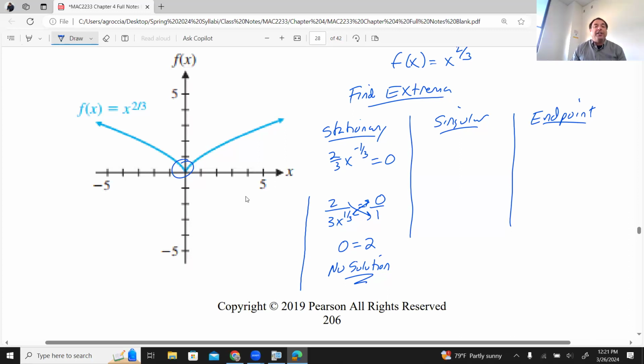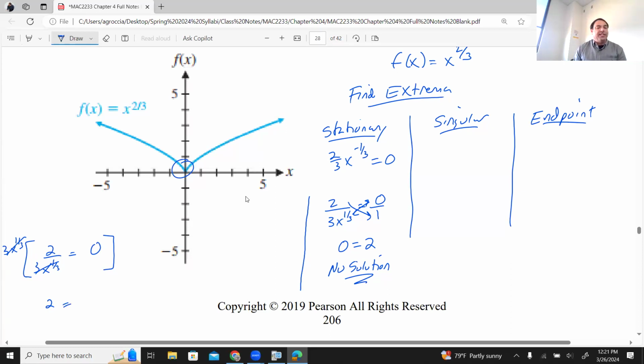But again, how do you deal with a variable in the denominator? Proportion is one way. Another way is called clearing the fractions. So basically, if I multiply both sides by the denominator, 3x to the 1/3, you're just left with 2, right? 3x to the 1/3 divided by 3x to the 1/3 is 1.